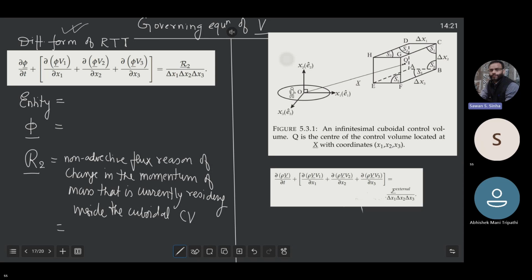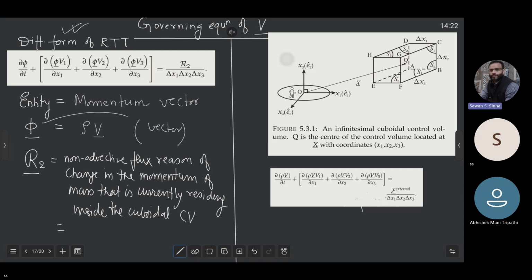To get the equation of V, what should be my entity? I will keep the entity as momentum, and it is a vector, so the momentum vector. What will be phi? Rho times V vector. That's also a vector. Phi is also a vector.